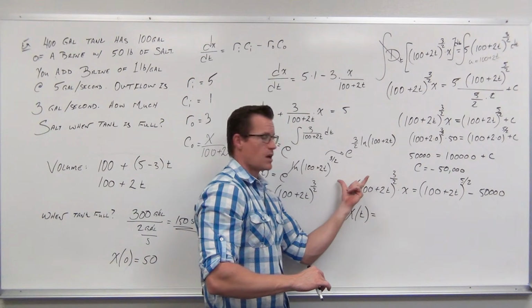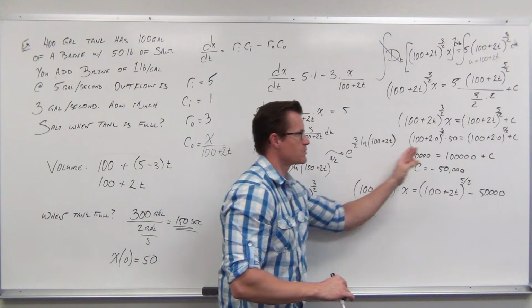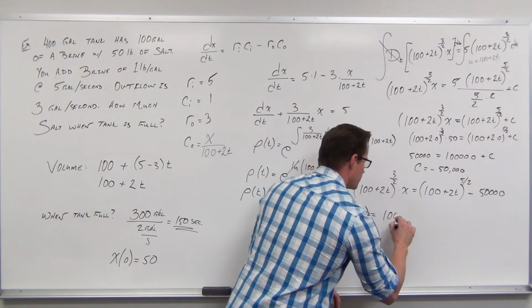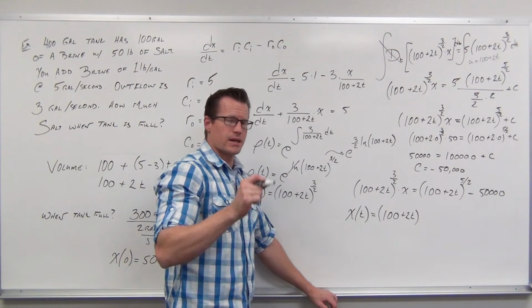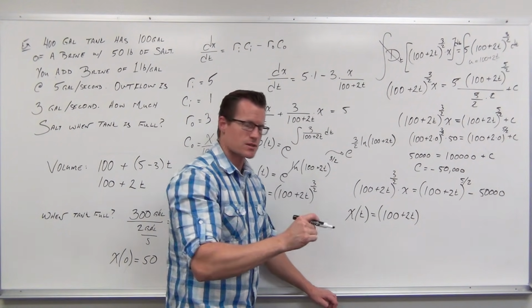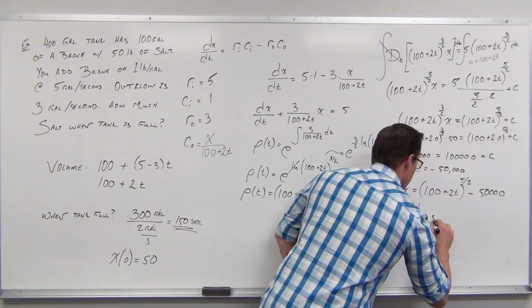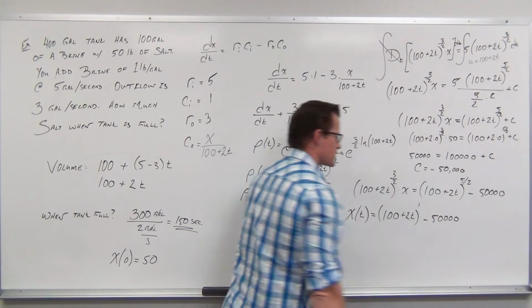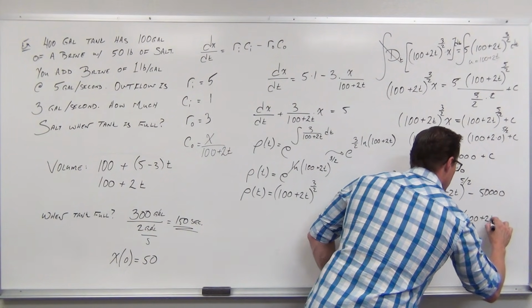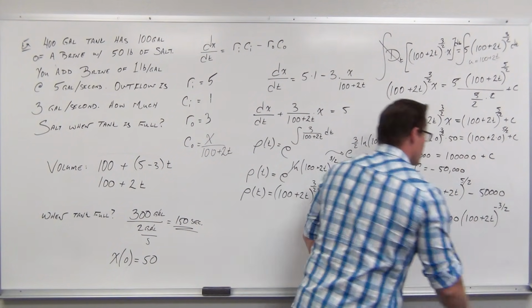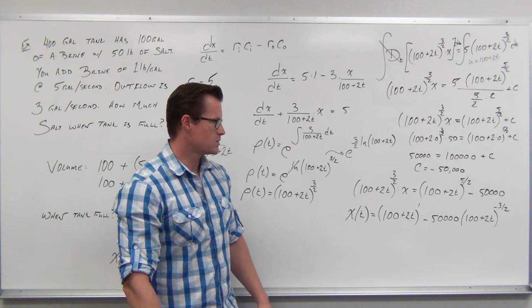This, remember, you're multiplying by this to the negative 3/2. It's going to subtract exponents. 5/2 minus 3/2 is 2/2. That's 1. Minus 50,000 times 100 plus 2t to the negative 3/2.